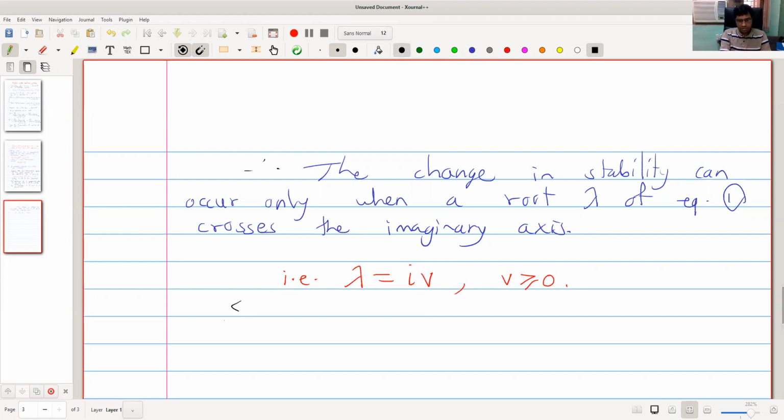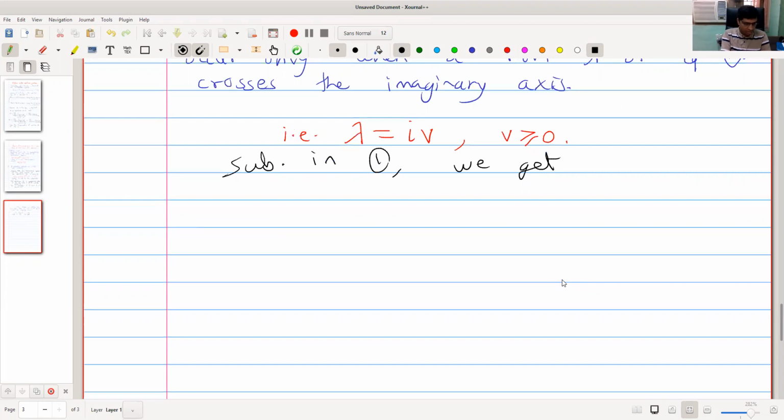Substituting in 1, if we substitute lambda equal to iv in 1, we get, of course simplifying, p of iv divided by q of iv equal to minus e raised to minus iv tau.